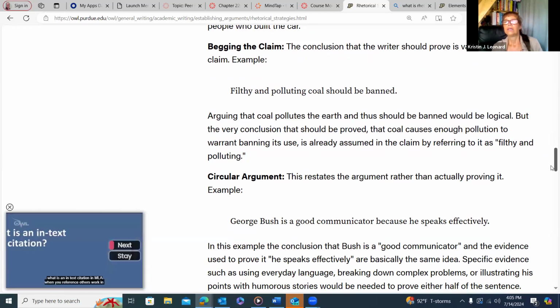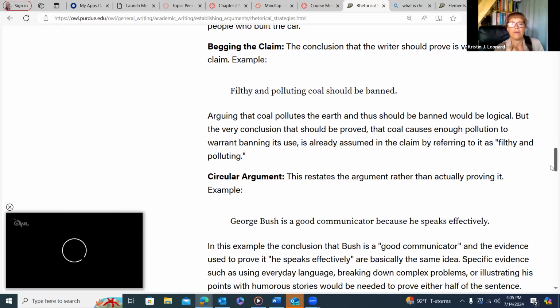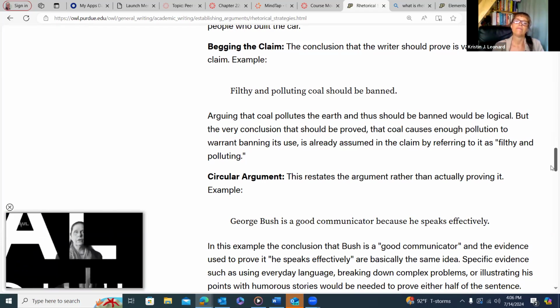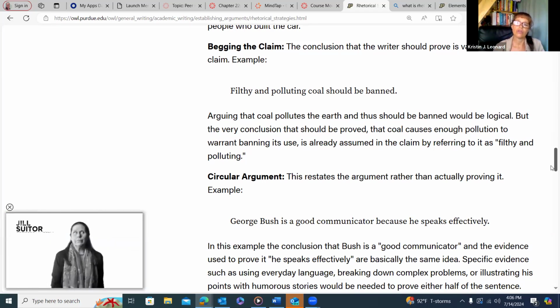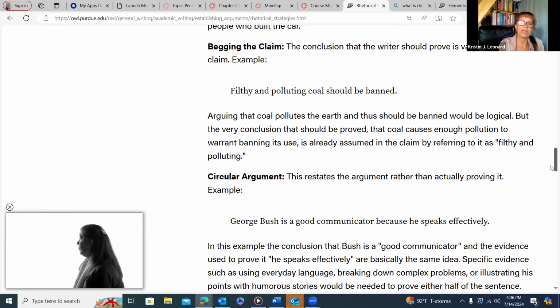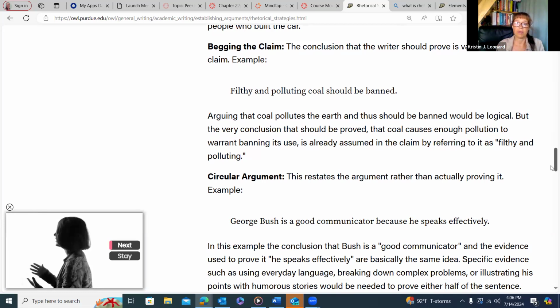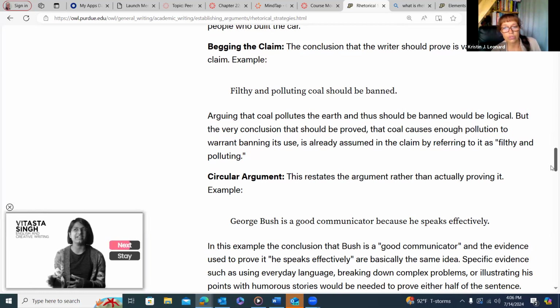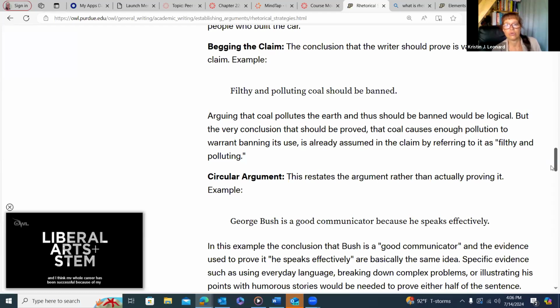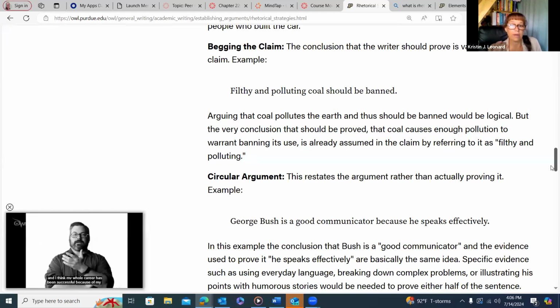Okay. Begging the claim: the conclusion that the writer should prove is validated within the claim. For example, filthy and polluting coal should be banned. Arguing that coal pollutes the earth and thus should be banned would be logical. But the very conclusion that should be proved, that coal causes enough pollution to warrant banning its use, is already assumed in the claim by referring to it as filthy and polluting.